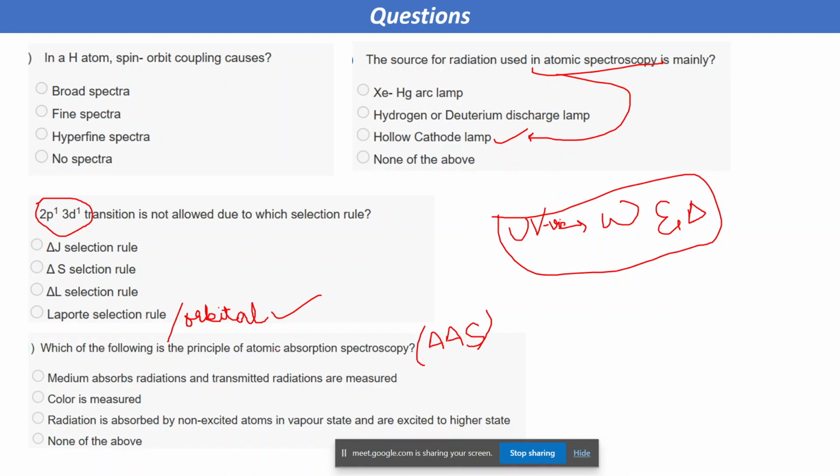So what is the principle of AAS? Option C: radiation is absorbed by the non-excited atoms in the vapor state and are excited to the higher state.